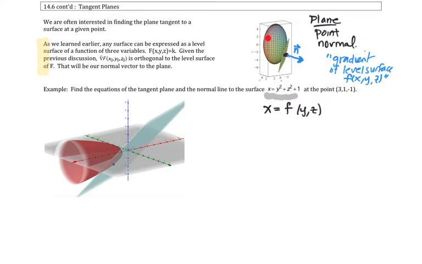If I want an orthogonal vector to a surface, that surface has to be a level surface of a function of 3 variables.